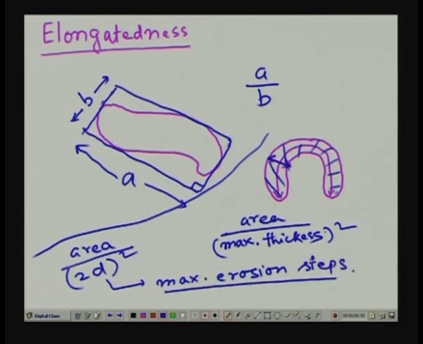So, I can define elongatedness for a curved region in this way, and this elongatedness is one of the descriptors which captures the region shape. Some other region based descriptors can be, one of them can be say rectangularity.